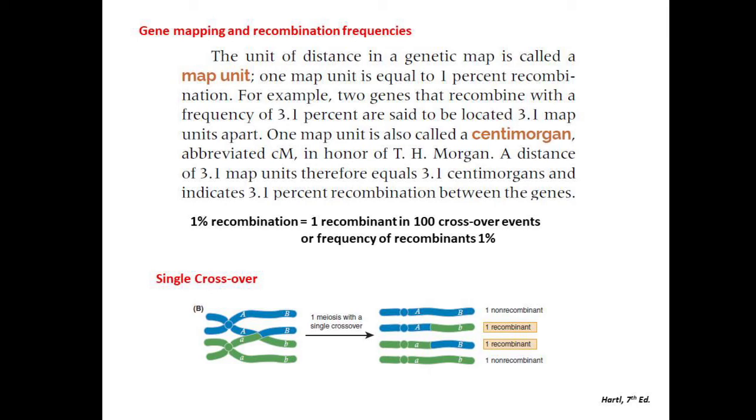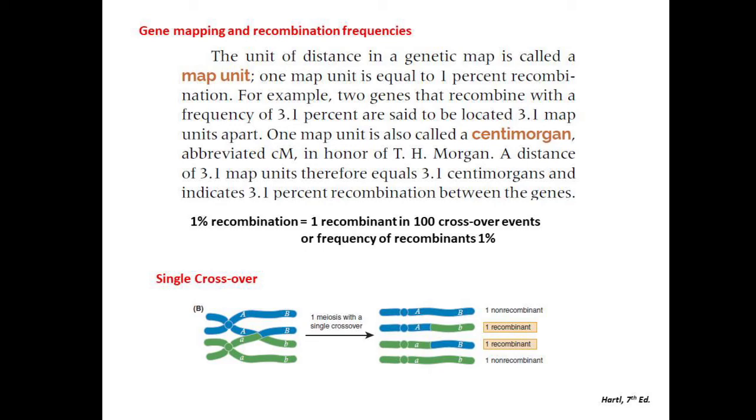A distance of 3.1 map units therefore equals 3.1 centimorgans, and indicates 3.1% recombination between the genes. So 1% recombination equals 1 recombinant in 100 crossover events, or frequency of recombinant 1%.